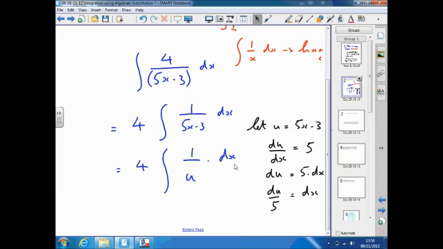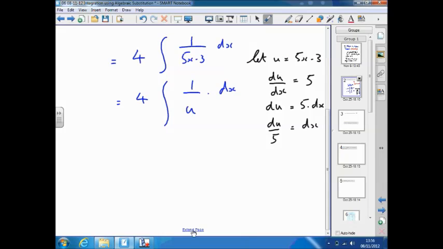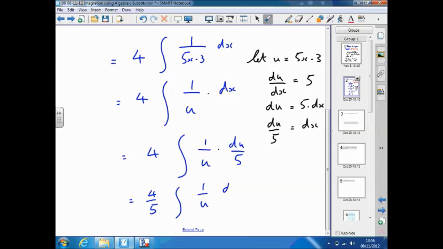So the integral becomes 4 times the integral of 1 over u times du over 5, or with respect to du over 5, effectively. Now that 5 is a constant, so that too can come outside the integral. 4 over 5 integral 1 over u du.